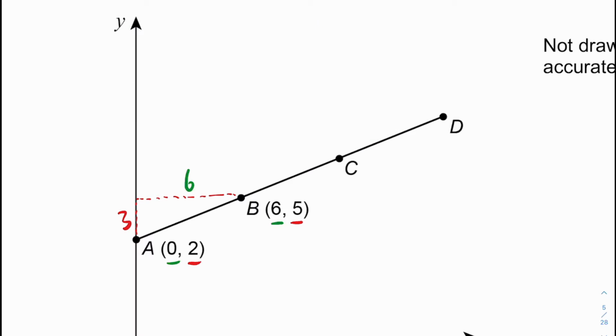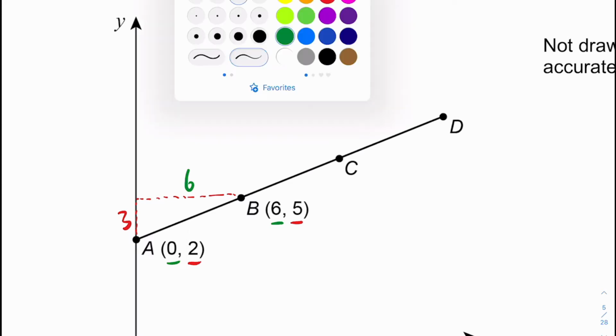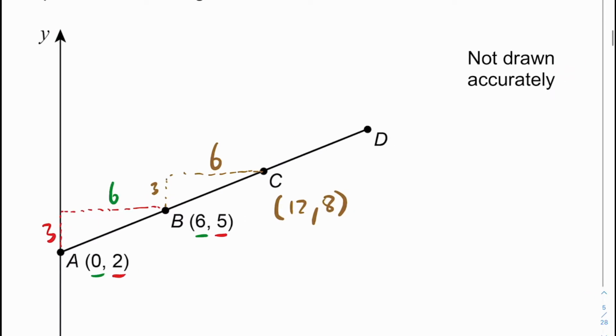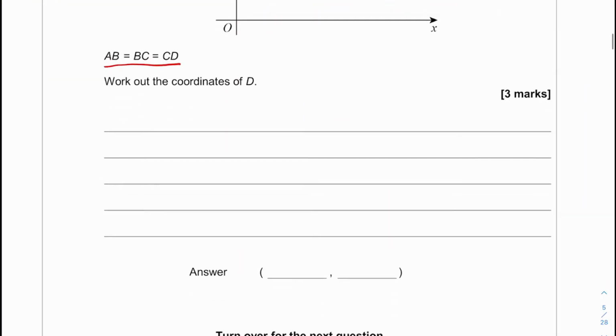So to get to C, what we are then going to do is use a different colour, we're going to go up 3 units and across 6, so this is a 3 again, and this is a 6, which leaves the coordinates of C being, not 9, sorry, so we've gone up 3 and across 6, okay, so we've got 12, and then we've got 8. And then we do the same again, we go up 3 and across 6, that's a 6, that's a 3, so therefore the coordinates of D, we've gone across 6 again, so that's 18, then we've gone up 3, so it's 11, so the coordinate of D is 18, 11.